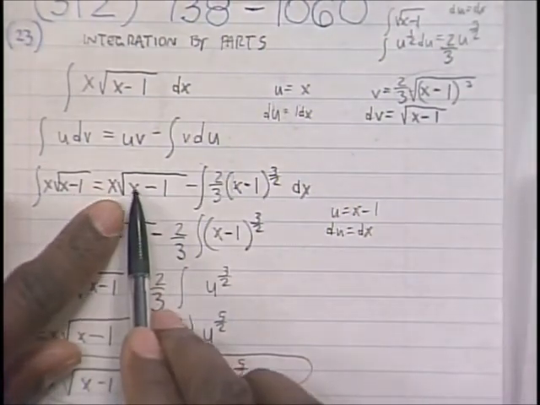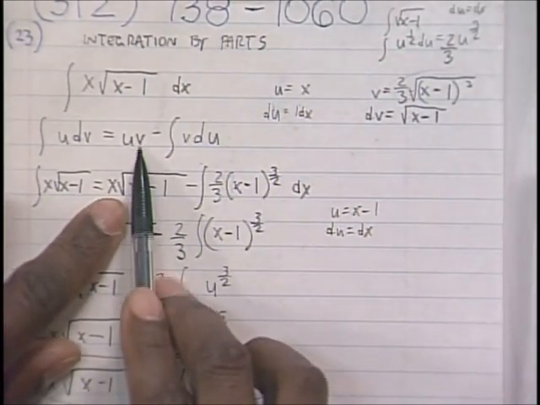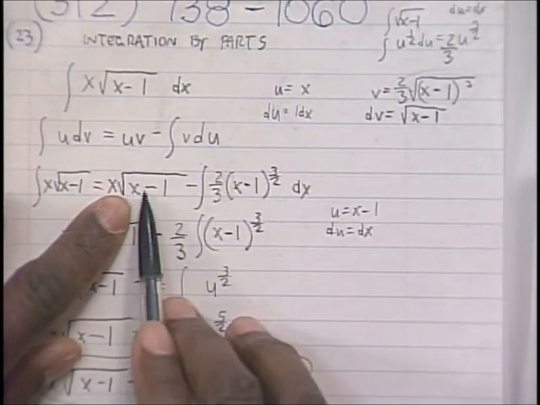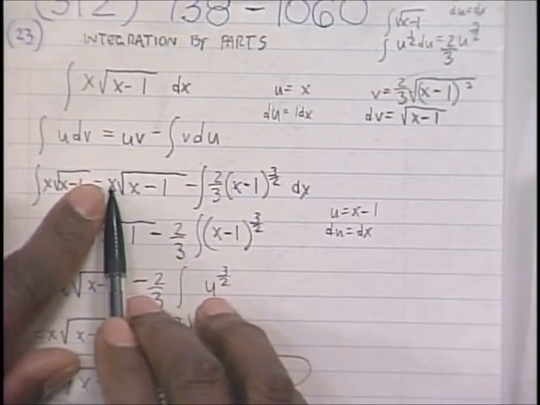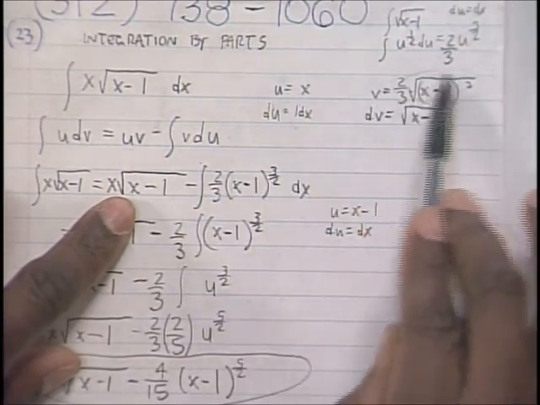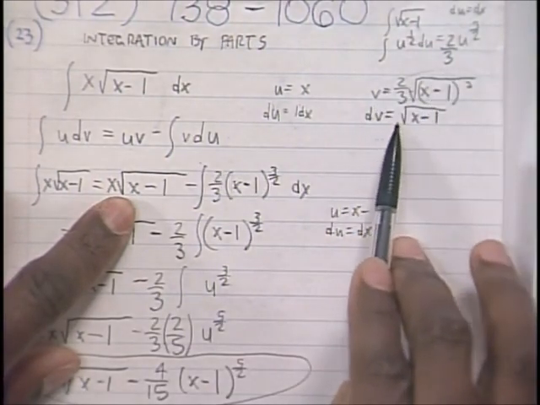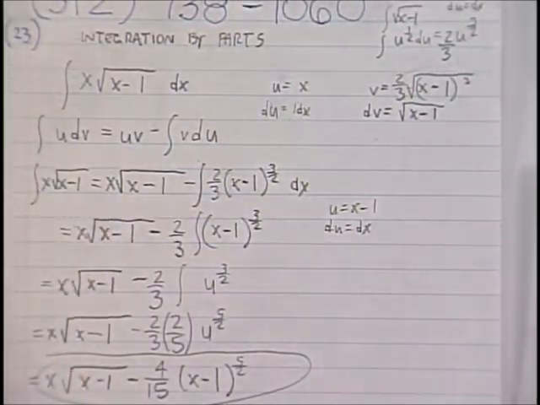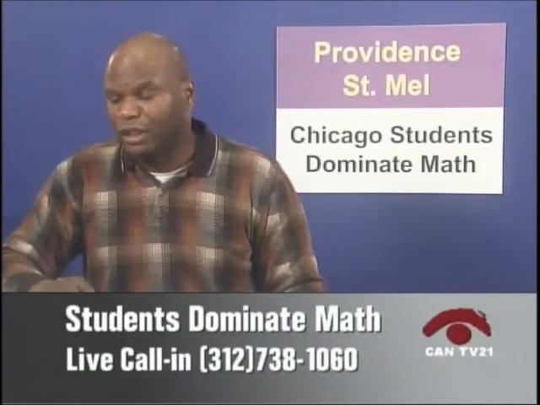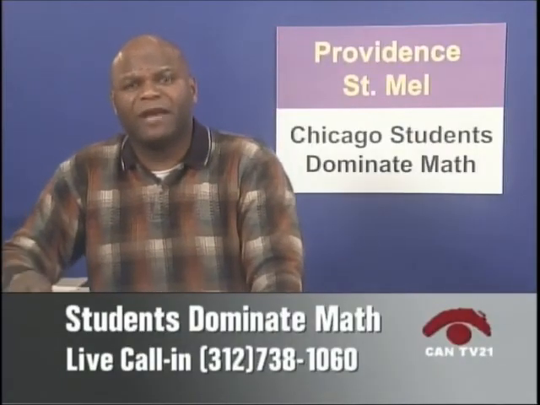But I didn't put that there. I put dv there. So I should have put u times v. I should have put x times v, where this was v. Not that. Okay? Not that. So that, I apologize. I made a mistake.